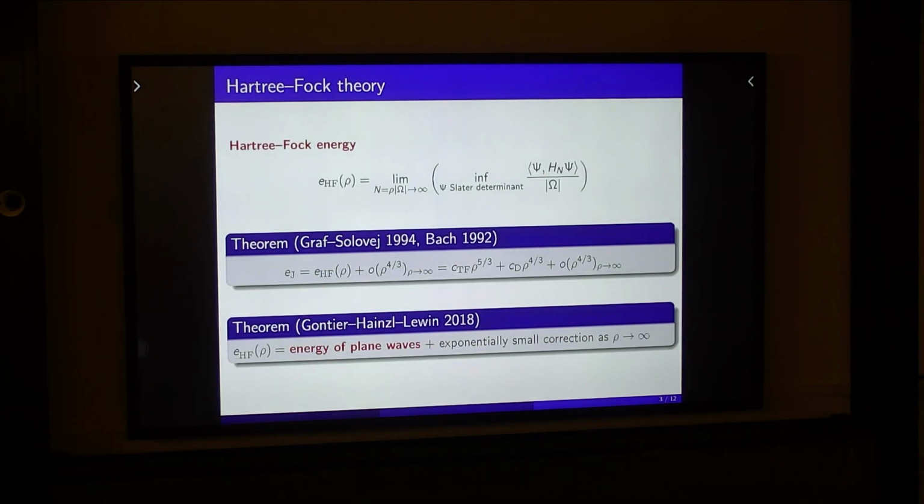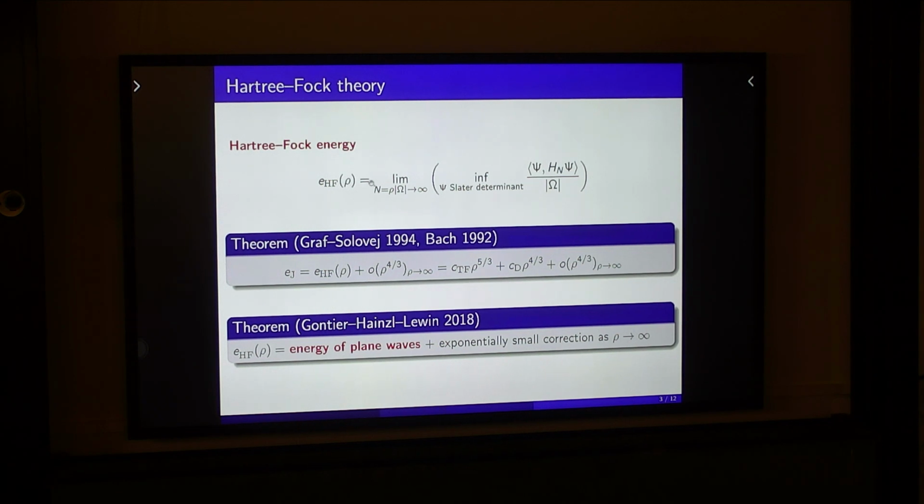Of course, when you go back to the beginning of quantum mechanics, shortly after, people realized that one way to look at the leading order is to consider the Hartree-Fock energy, meaning that you ask what is the energy if you minimize over Slater determinants of N particles.